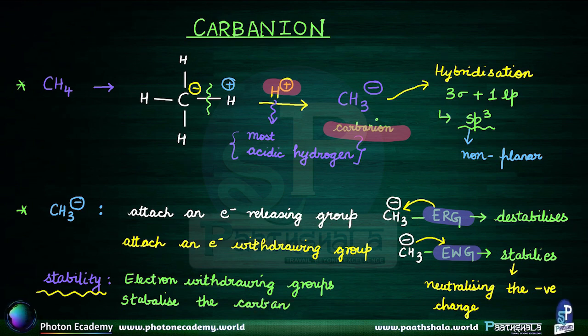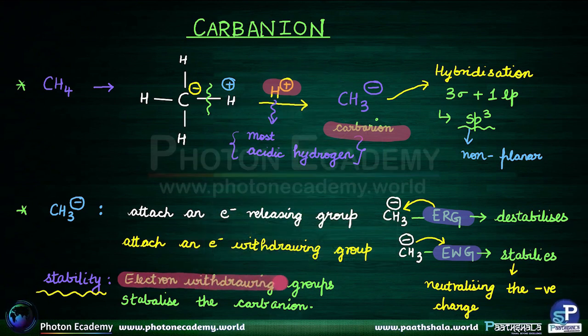So I have got a general statement here in front of me, and it says that electron withdrawing groups are going to stabilize the carbanion. Okay, so you've got the basic gist of the topic.